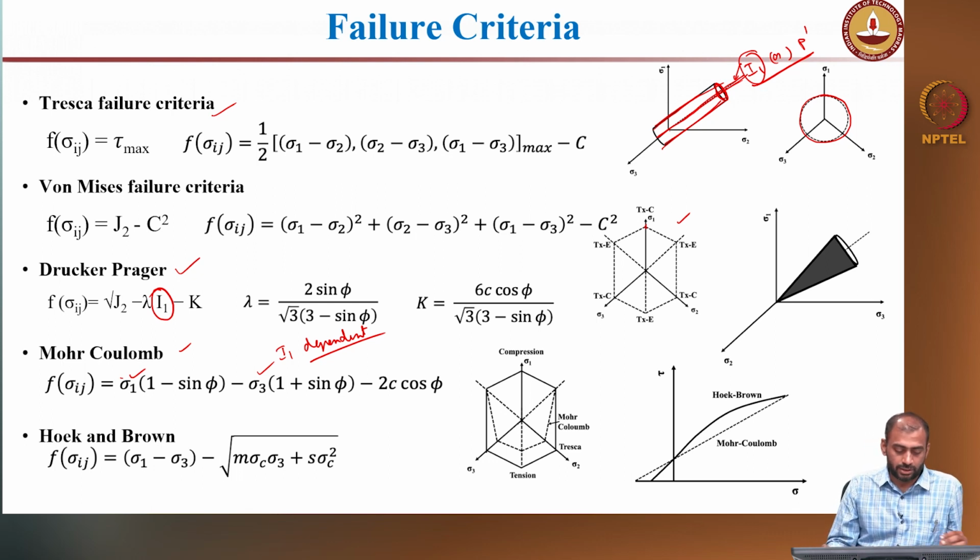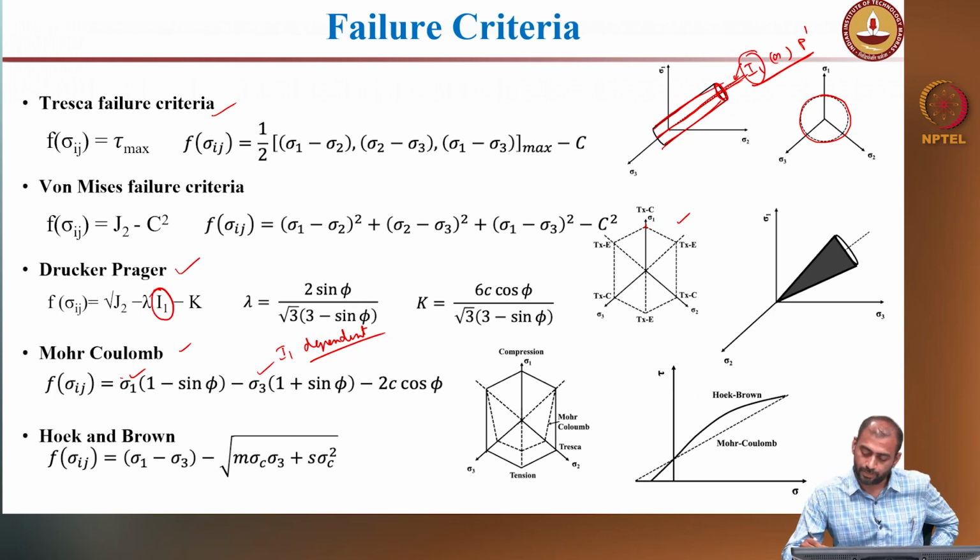Since it is pressure dependent, you can see a conical failure locus on the three-dimensional principal stress space, and you can see an irregular hexagon in the octahedral plane for a Mohr-Coulomb failure locus, right.